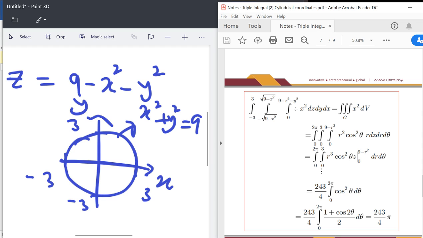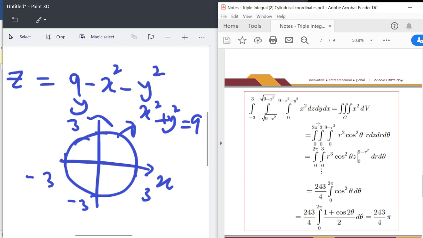Since we use type 1, x equals r cos theta, so we have r squared cos squared theta, and then r dz dr d theta. For the limit of r, the radius is 3, so r goes from 0 up to 3.